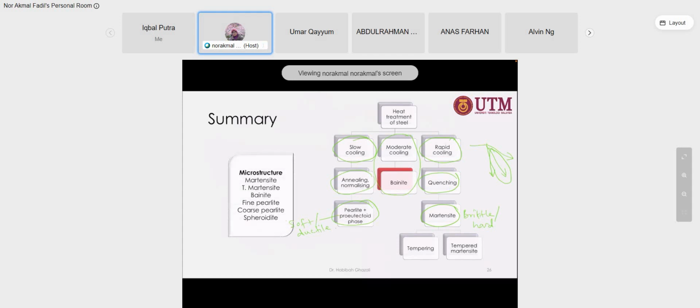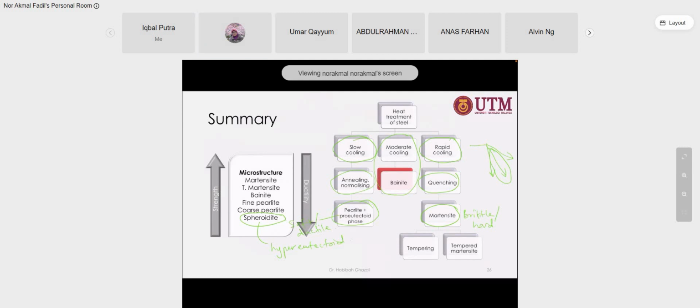So the microstructure gives higher strength or hardness for the martensite, and very high ductility for the spheroidite. How do we get spheroidite? This is only for hypereutectoid steel. Modifying the pearlite structure into a spherical microstructure gives the highest ductility of the steel. We talk about steel only.